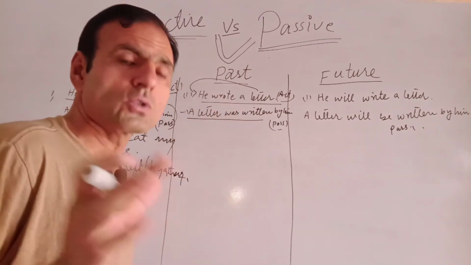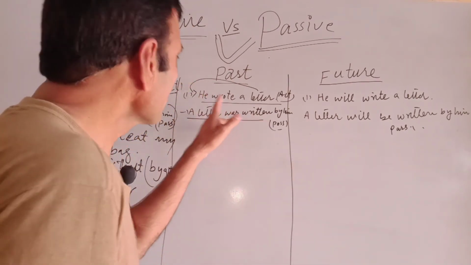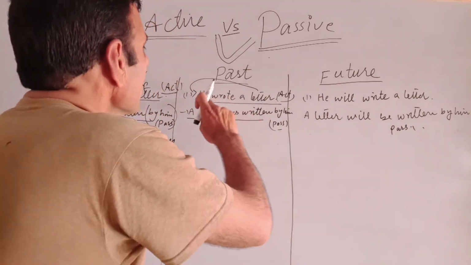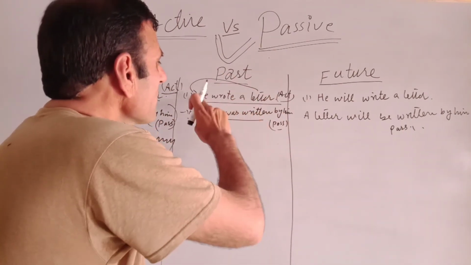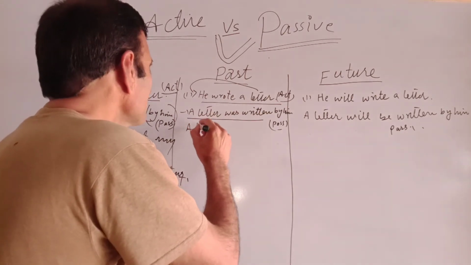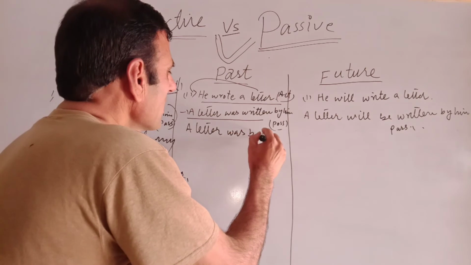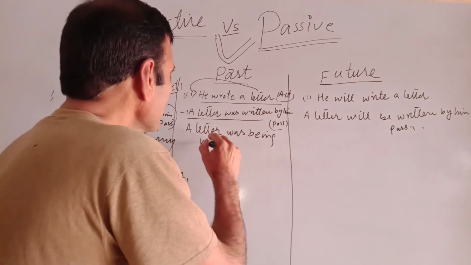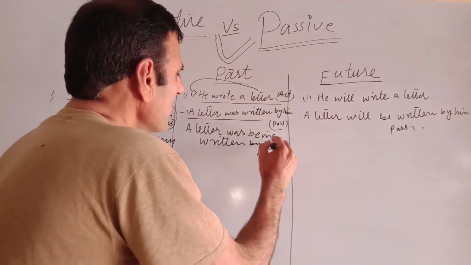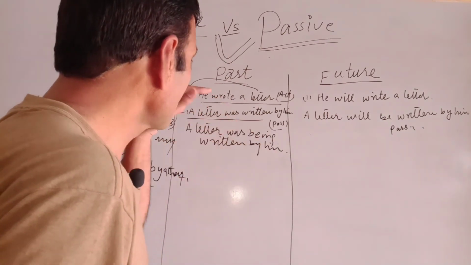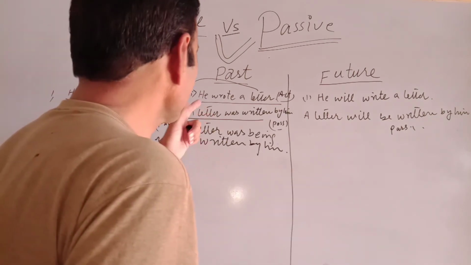We always use the third form of the verb in the passive voice sentence. So, he wrote a letter. Now, he was writing a letter. Now we change into passive voice: a letter was being written by him.